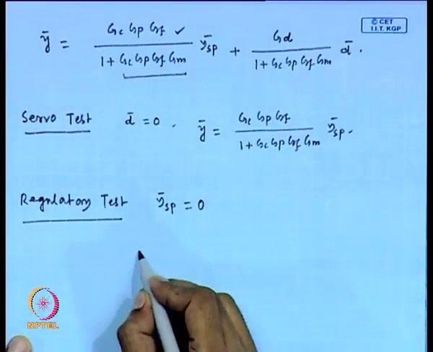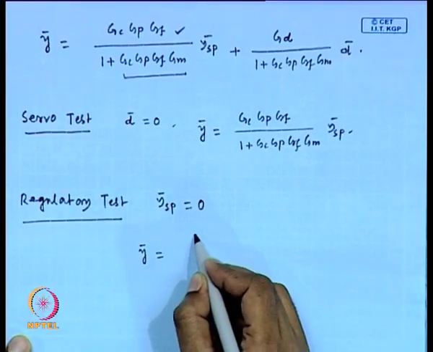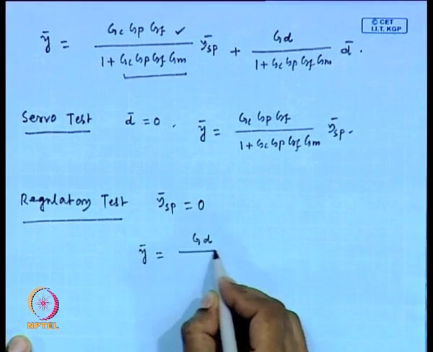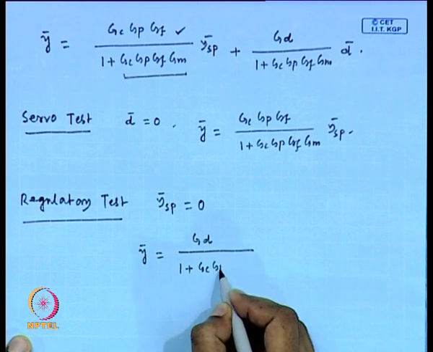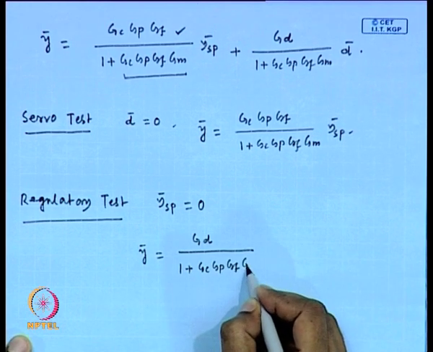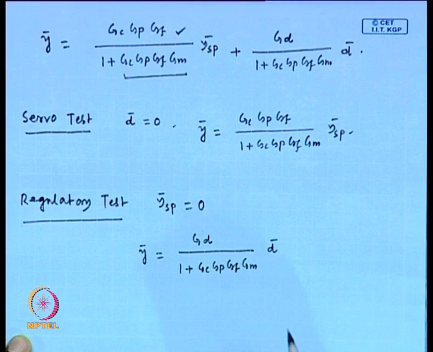Accordingly, the closed loop transfer function becomes y bar equals ZD divided by 1 plus GC GP GF GM times d bar. So, this is the closed loop transfer function for the case of the regulatory problem.